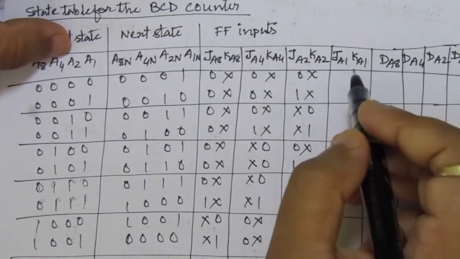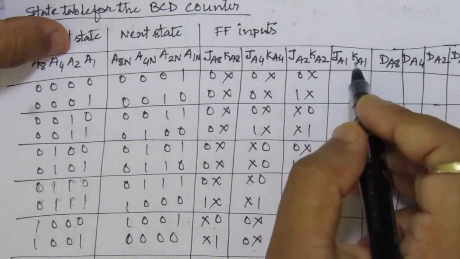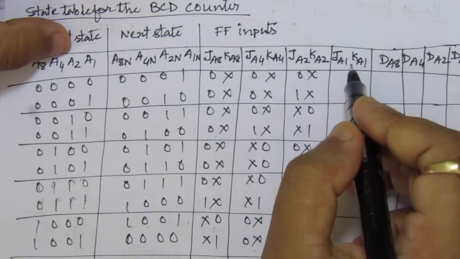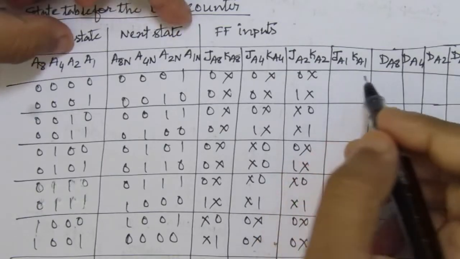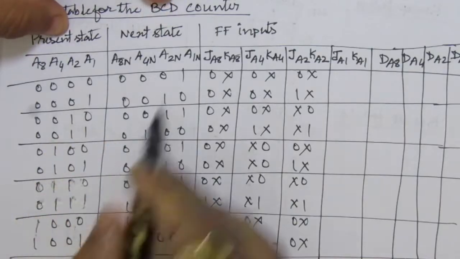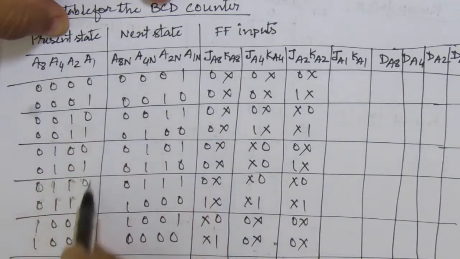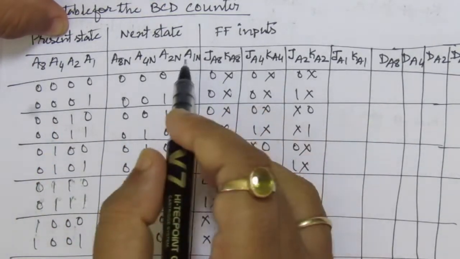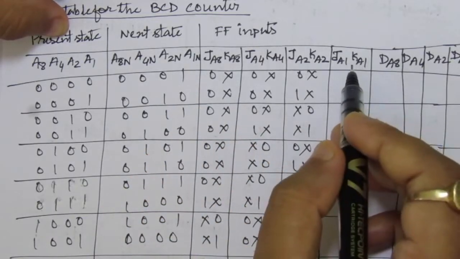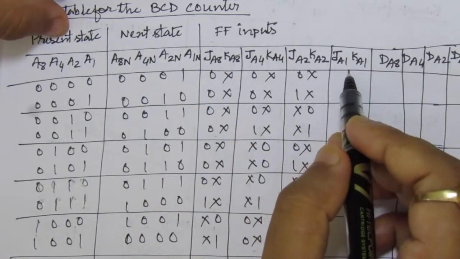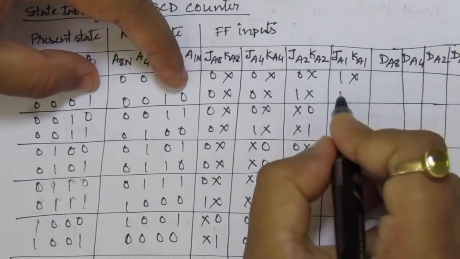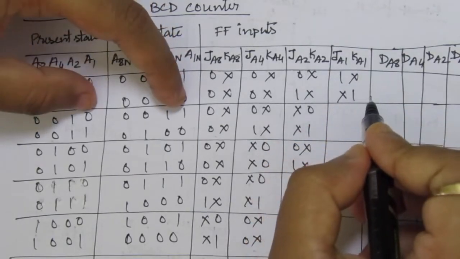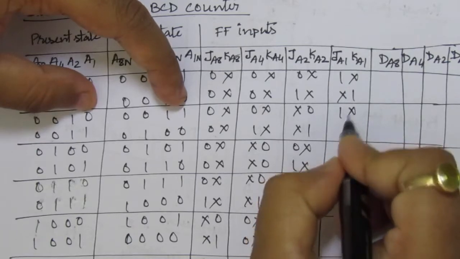Then we have to find out the least significant bit flip-flop, the first flip-flop, that will have the inputs JA1 and KA1. We have to see the fourth column, which is the present state, and the eighth column, which is the next state for this lowest significant bit flip-flop. 0 and 1 means 1 don't care. 1 0 means don't care 1. 0 1 means 1 don't care.